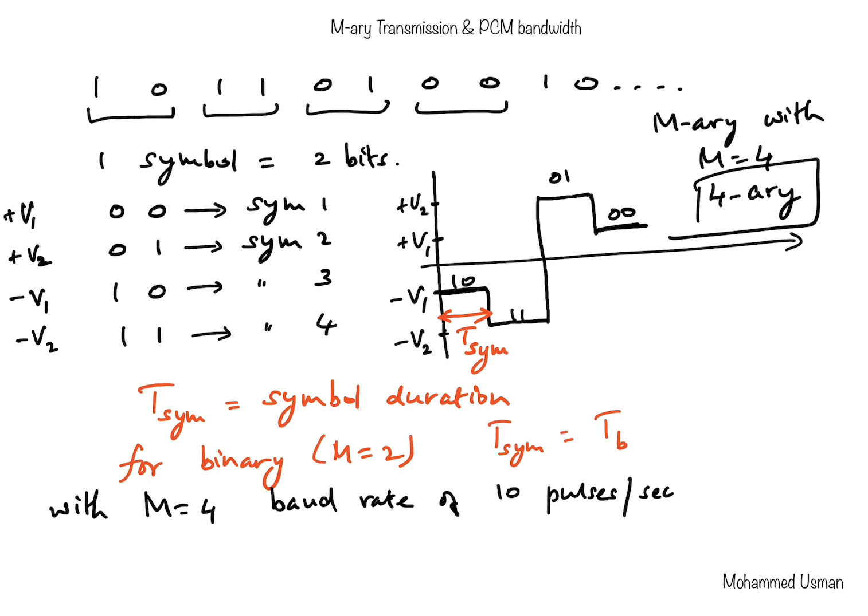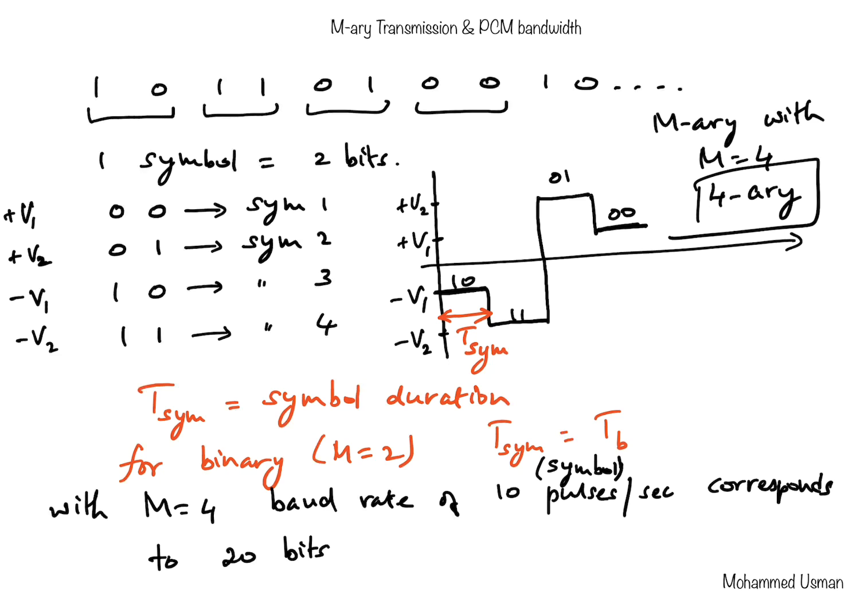Okay, by the way, we can write the baud rate even in terms of symbols per second, because one pulse is one symbol, right? So 10 pulses or 10 symbols per second corresponds to how many bits per second? If you are transmitting 10 pulses in 1 second, because each pulse is representing 2 bits, in 10 pulses, that means there are 20 bits of information conveyed. So 10 pulses per second corresponds to 20 bits per second.